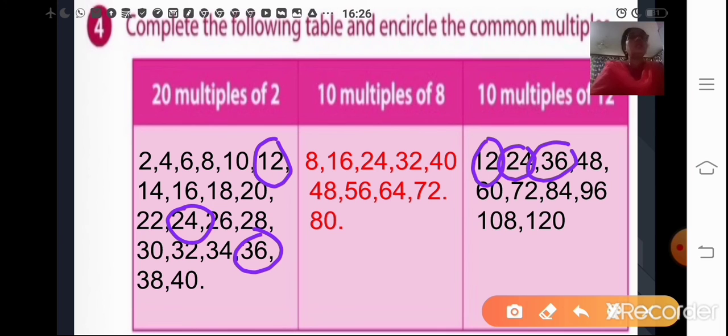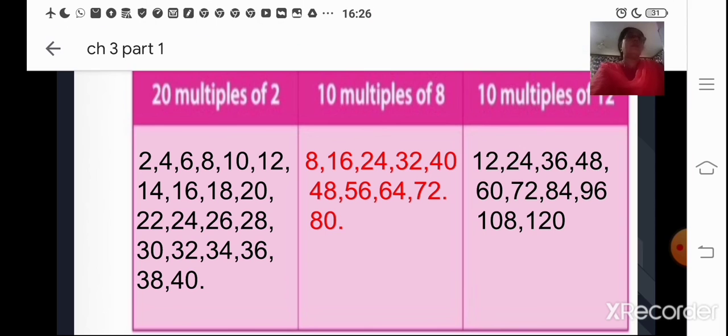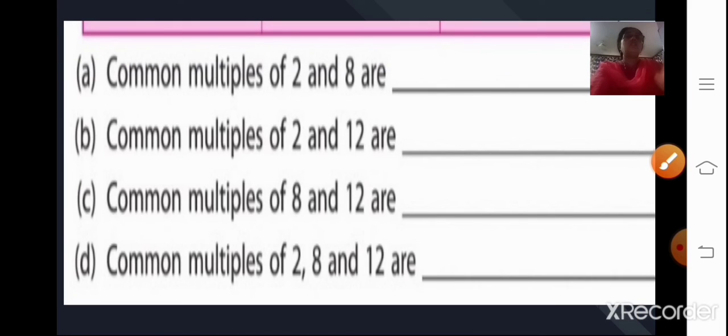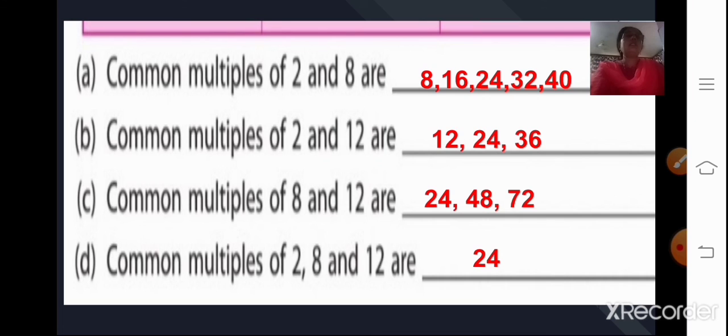Yes, so these three numbers are the common multiples of 2 and 12. Next one, common multiples of 8 and 12, you have to find the same way, and the same way the common multiples of 2, 8 and 12. Now in this slide I have written the answer for you. After finding the answer you can check with this slide.